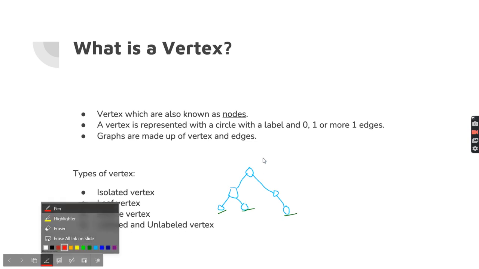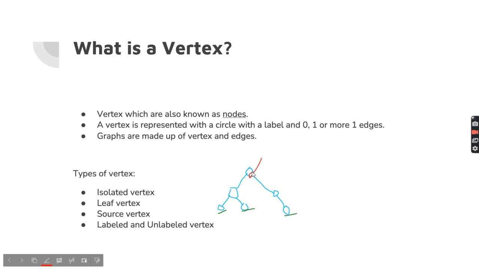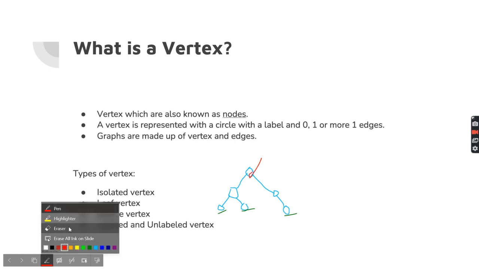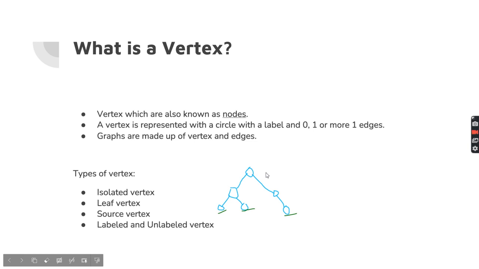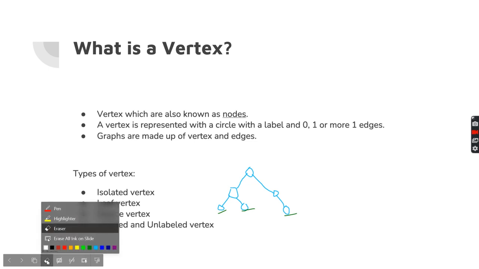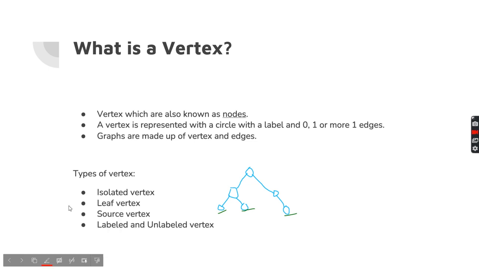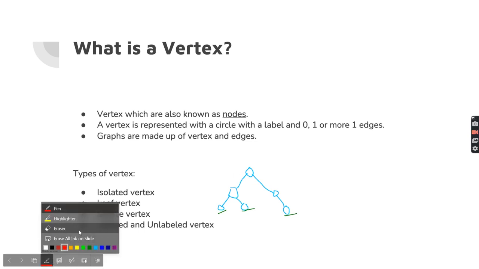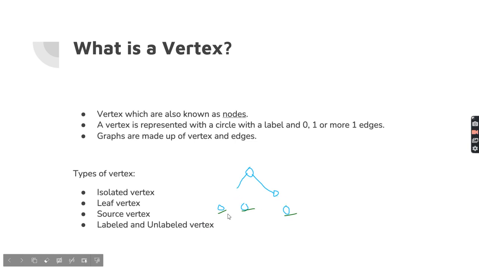So source vertex is nothing but this very top vertex, which is known to be the source vertex. Then labeled and unlabeled. What we are looking at now is an unlabeled graph. An unlabeled vertex is nothing but a single vertex which doesn't have any kind of address or name, so we just leave it like this.